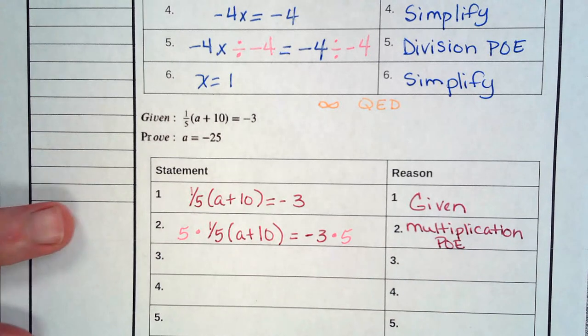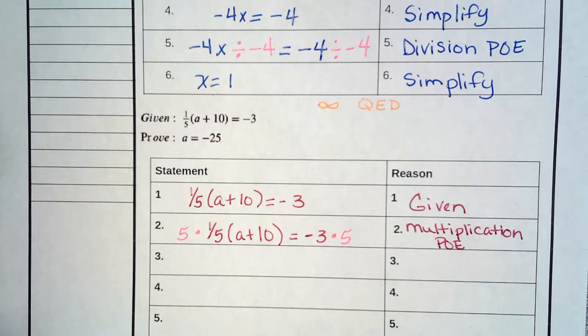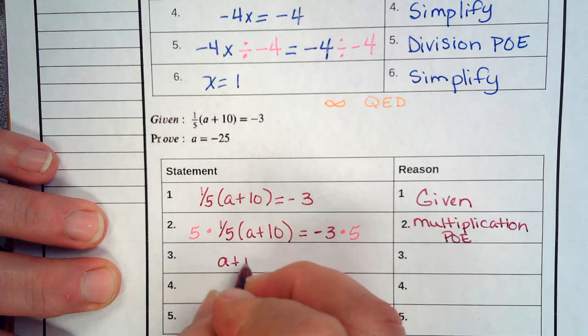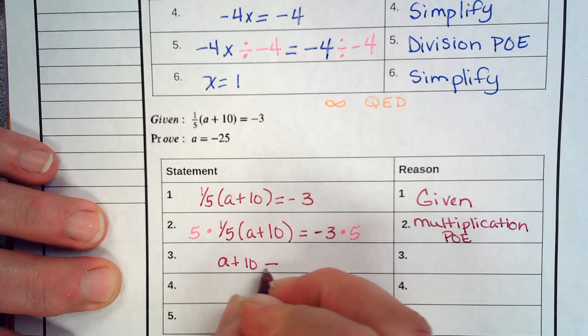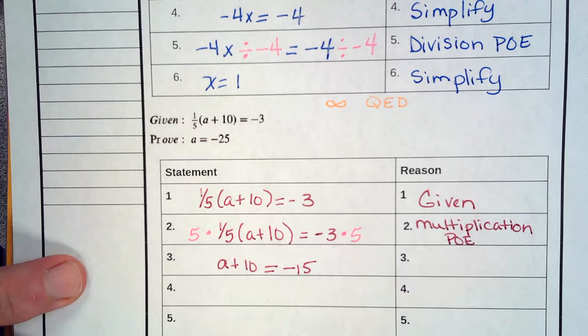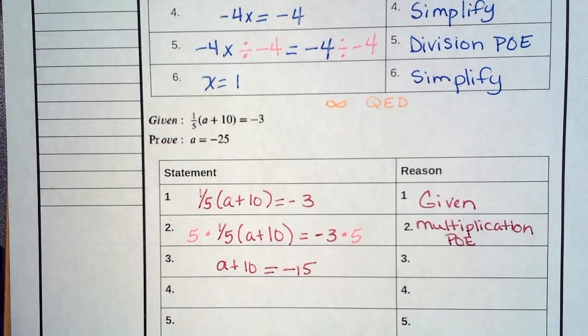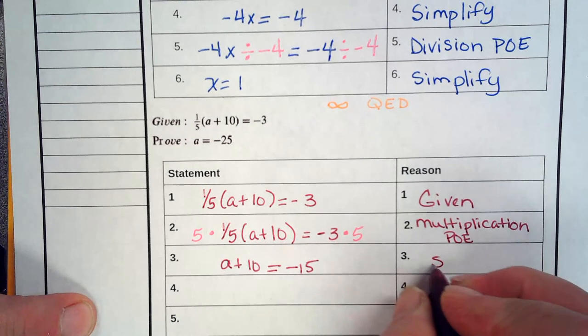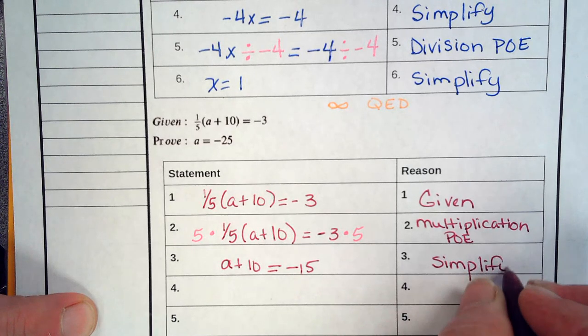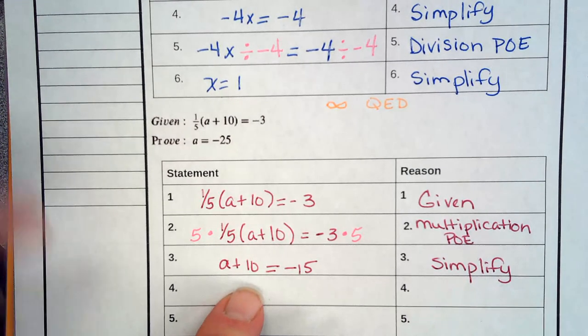Okay, now what does it look like? Well, it looks like A plus 10 is equal to negative 15. All I've done there is simplify. How do I get rid of the plus 10?